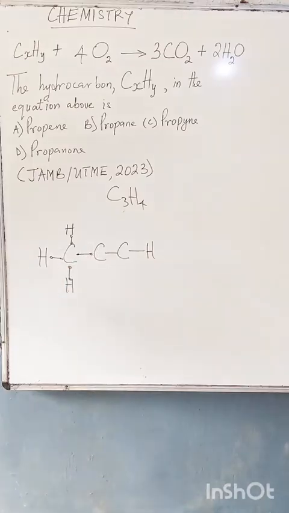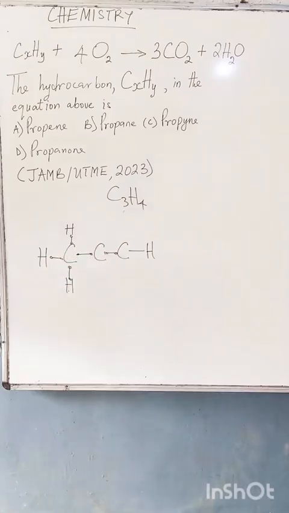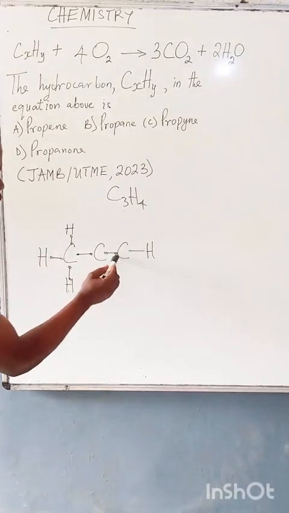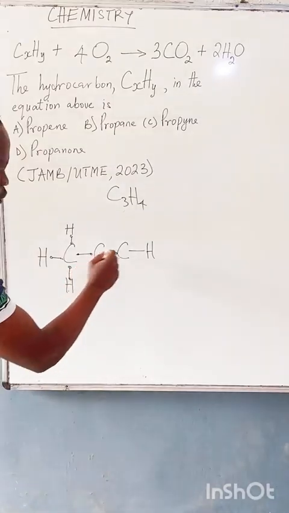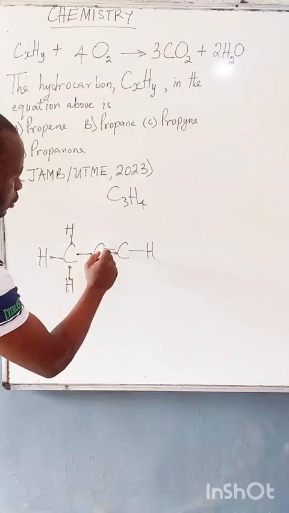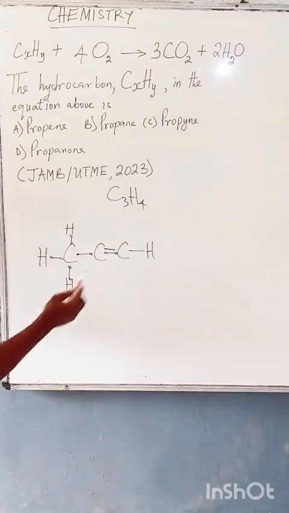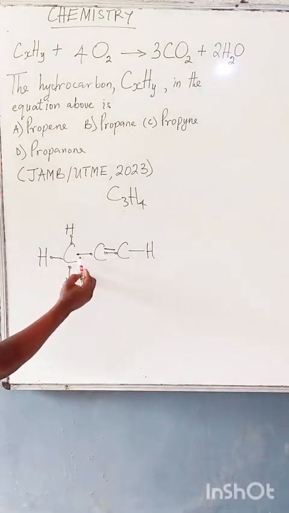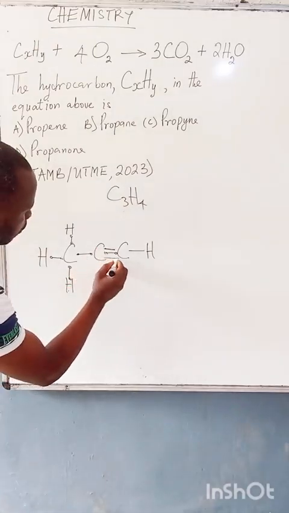What about this carbon? Let's find out. We have 1, 2 around this, and then 3, 4 around it. Is it up to 8? No. What about the other carbon? 1, 2, 3, 4. Is it up to 8? No. So we need more bonds between these 2 carbon atoms. Let's make it a double bond and check again. 1, 2, 3, 4, 5, 6. Is it up to 8 around this? No. So we need a third bond.